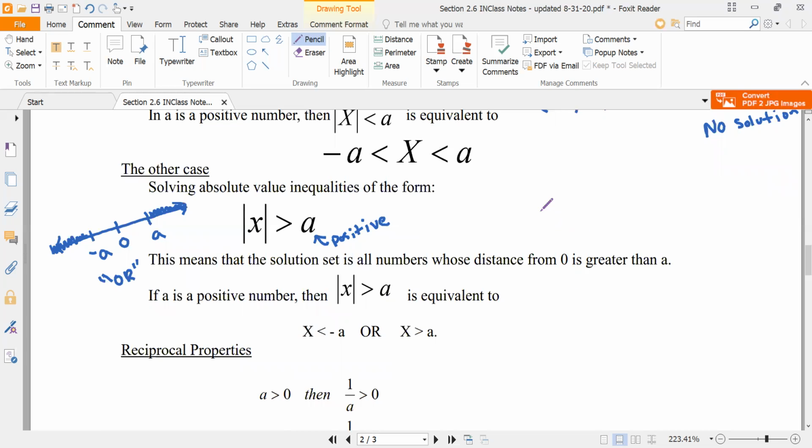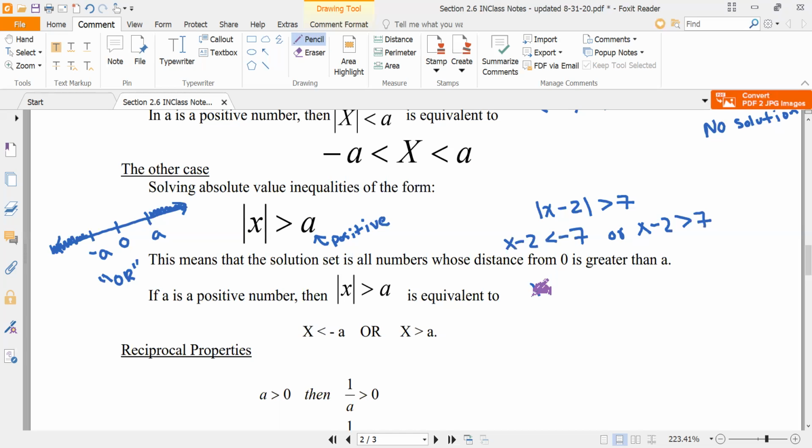So for example, if I have x minus 2 greater than, let's say, 7, okay? I set up my two cases. The inside needs to be less than negative 7, or the inside needs to be greater than positive 7. Notice the positive greater than case is just dropping your absolute value, but the other case, you have to change your symbol and your sign.